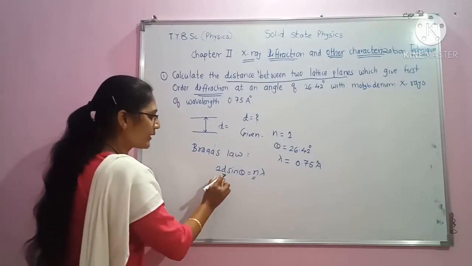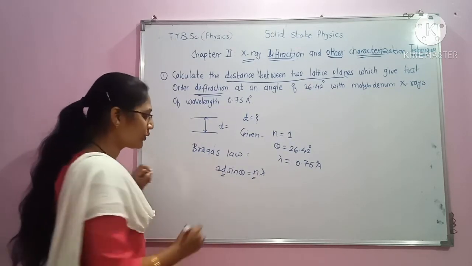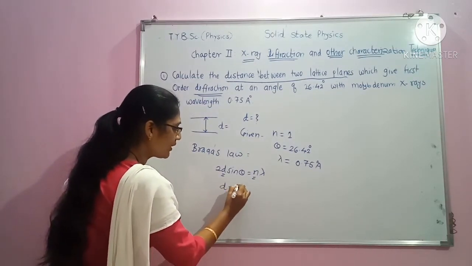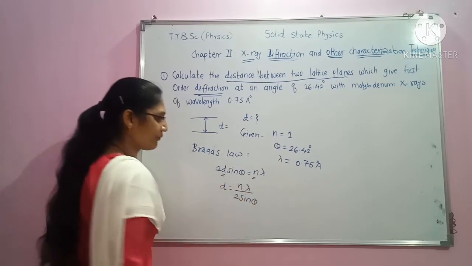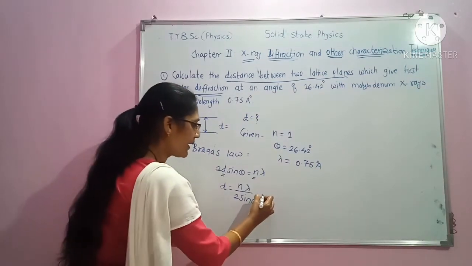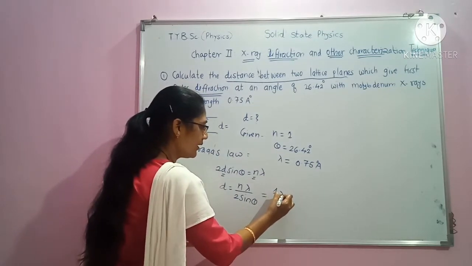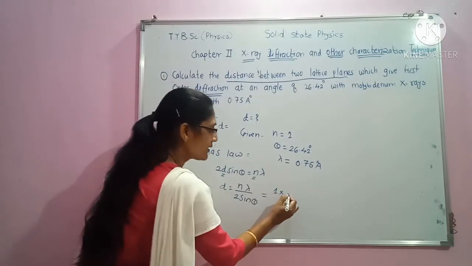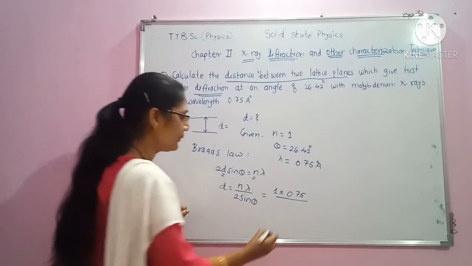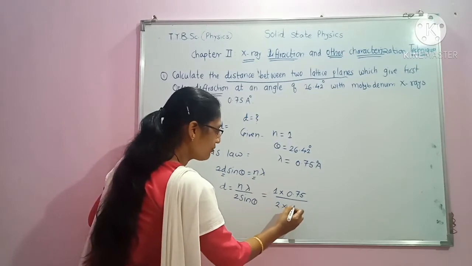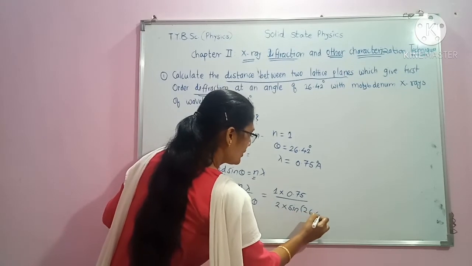So let's find the value of D by using Bragg's law. 2d sine theta is equal to n lambda. Hence the D value becomes n lambda upon 2 sine theta. Now substitute the value of n, which is given as first order, 1, into the value of lambda, 0.75 angstrom, divided by 2 into sine of 26.42.